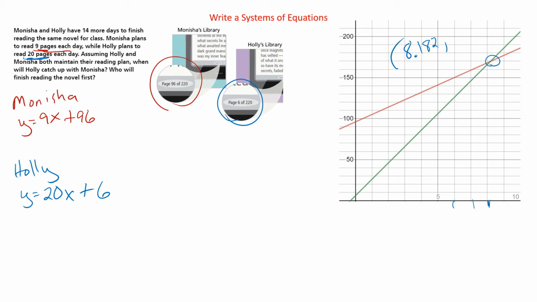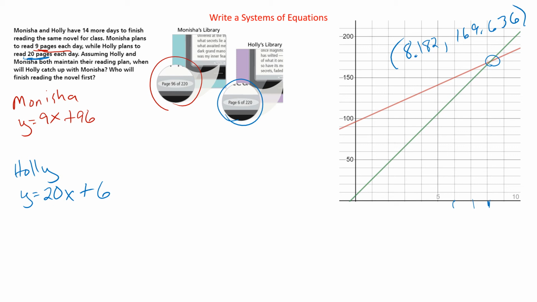If you click on there on Desmos, it'll give that to you. It won't, however, leave that point up when you go to copy the graph, which is what I did. And the y value it gives you is 169.636. So a little over 8 days, they're going to hit about 170 pages.